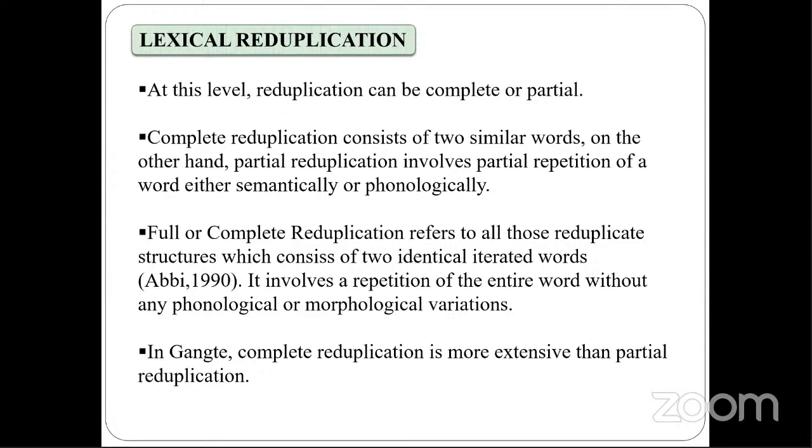Complete reduplication refers to all those reduplicated structures which consist of two identical iterated words. This is the definition given by Abbi 1990. Here, the repetition of the entire word takes place without any phonological or morphological variation. In Gangte, complete reduplication is far more extensive than partial reduplication.